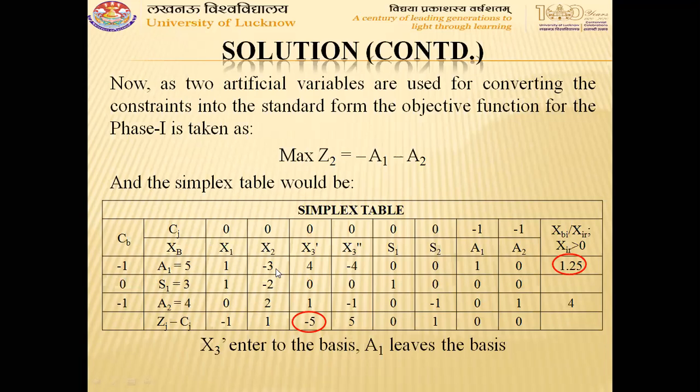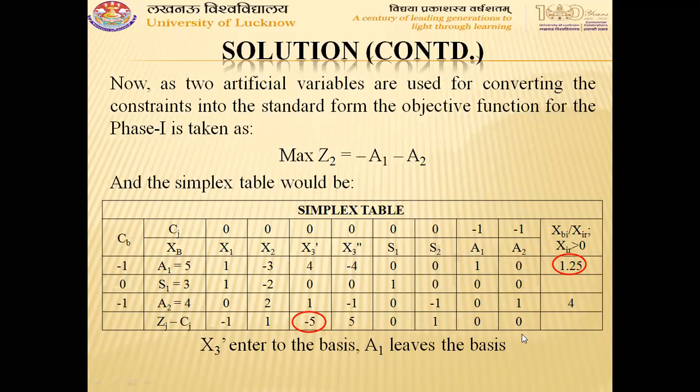Similarly for x2 it would be plus 1. For x3 dash it will be minus 5. For x3 double dash it will be plus 5. For s1 it will be 0. For s2 the net evaluation will be 1. For a1 and a2 the net evaluation will be 0.